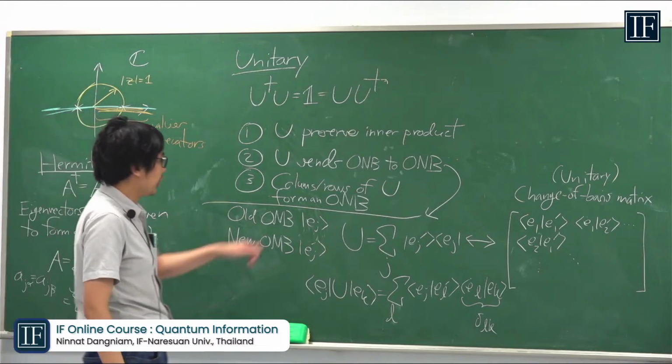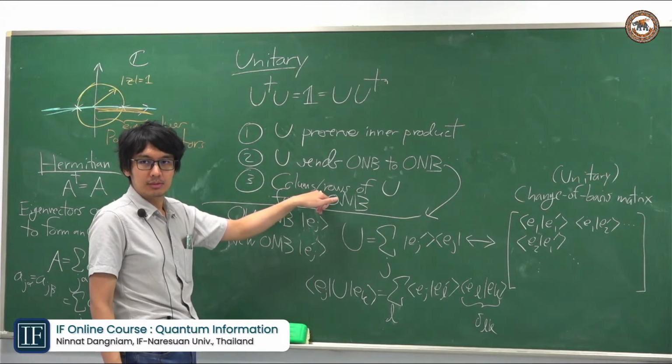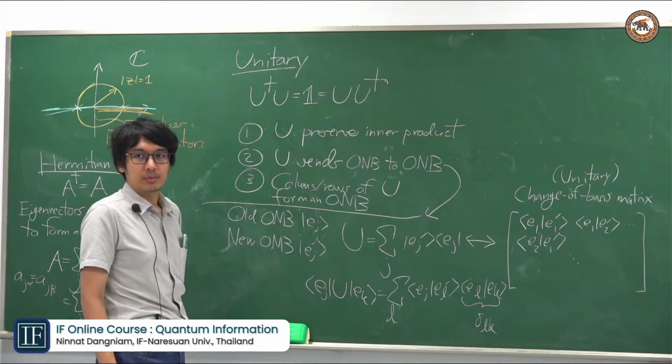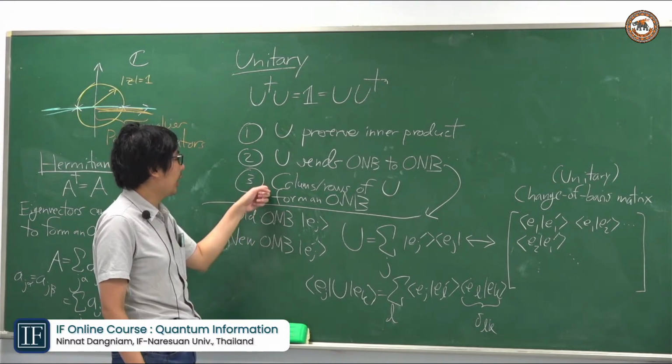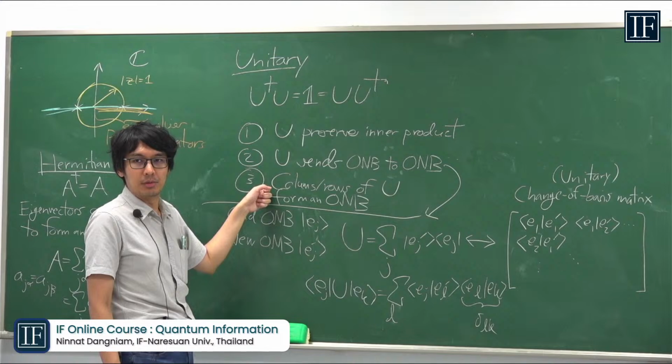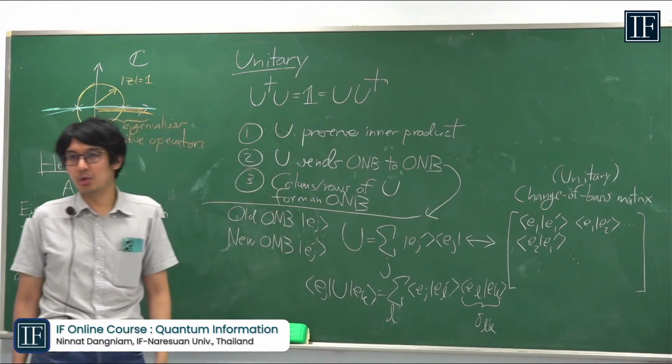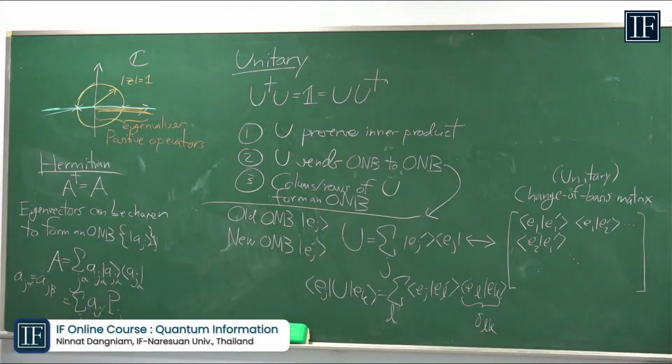This is the same. Can you see why this is true? For example, the columns. Why do the columns of U have to be orthonormal?